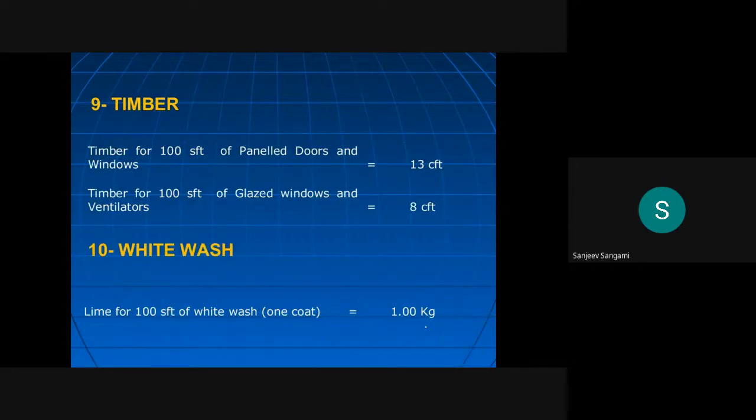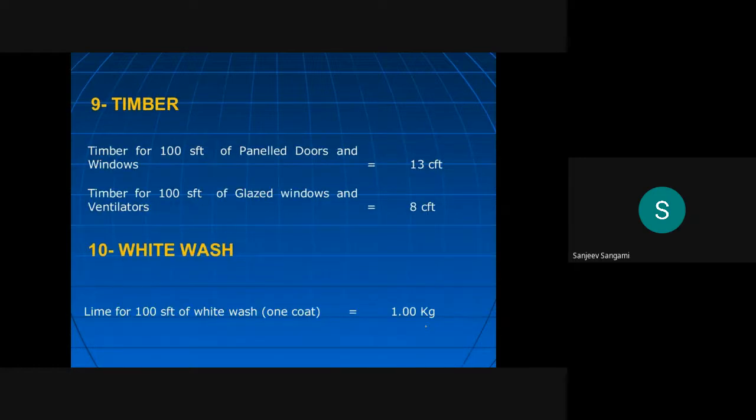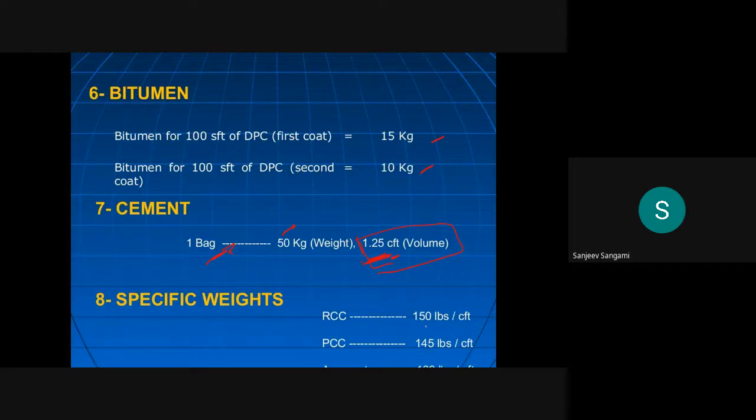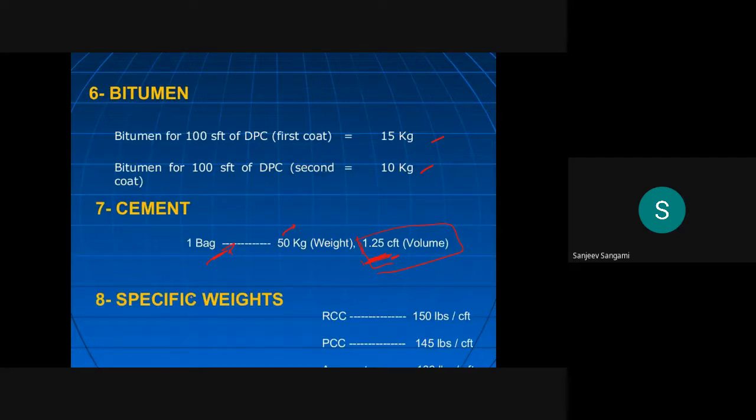Then RCC, of course, you already know the specific weights, and the units are LBS per cubic feet. Of course, these conversions are required, but don't put it in LBS per cubic feet.